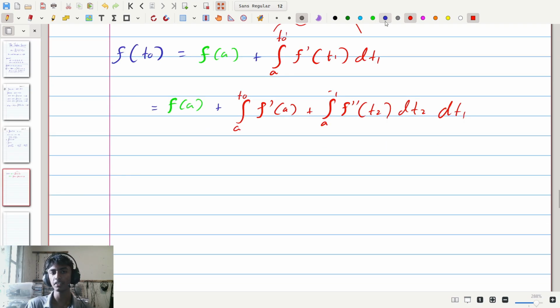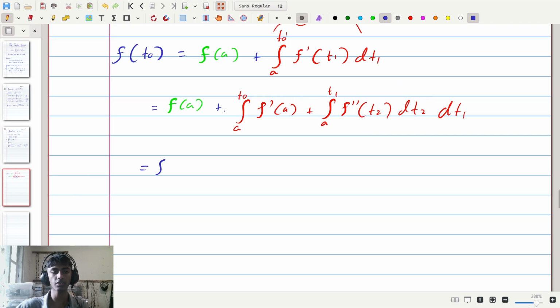Now then, let's examine what we have here. Here we have an integral as t1 goes from a to t0 of f prime a, which is a constant, plus another second integral. So here what we need to do is to take these two terms and separate them into two pieces. We're going to do this. Take this f prime a separately, take this integral separately.